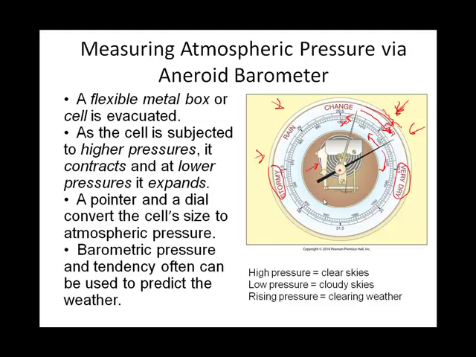By setting our dial here and looking for tendency, we can see that the pressure is rising, so skies are clearing. Now, if we were to see the opposite tendency where the pressure was falling, we would expect some sort of precipitation to be coming our way.